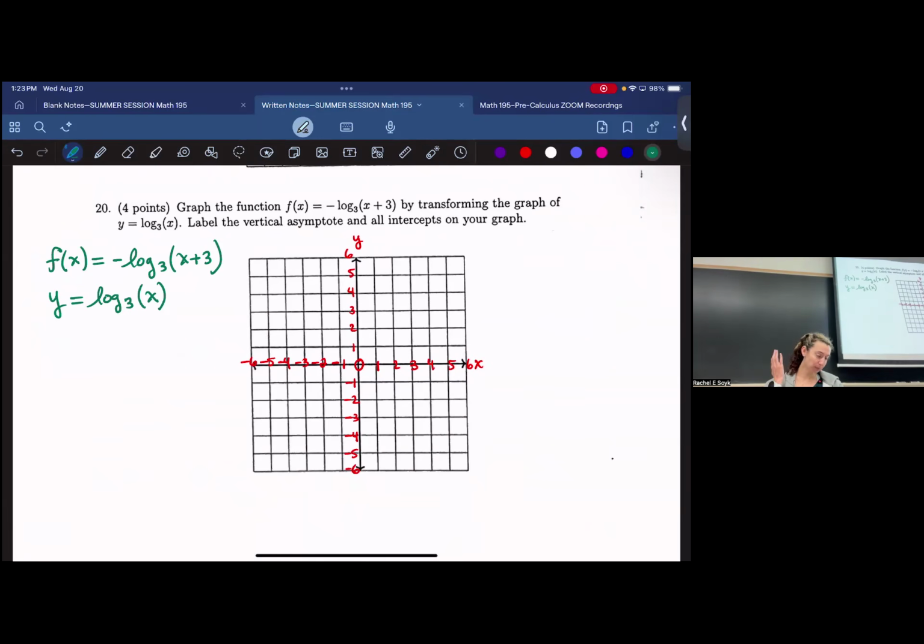And so what do we know about log base 3 of x? Well, it's the inverse of our exponential function, which is 3 to the x. And we know exponential functions look something like this. And inverses are reflections over our line y equals x.